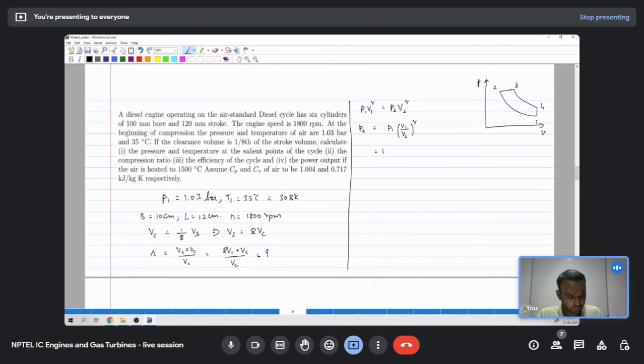So P1 is 1.03 bar, V1 by V2 is 9, power gamma is 1.4. So we have 22.3 bar at the end of compression stroke.